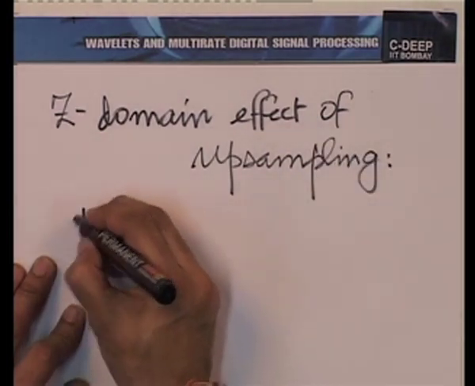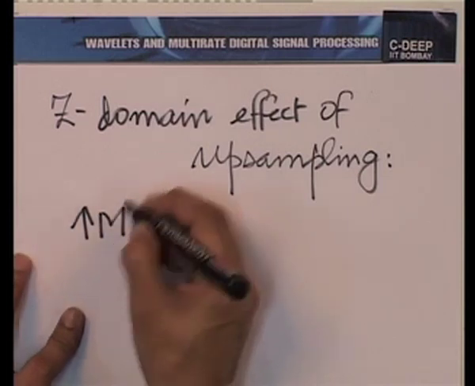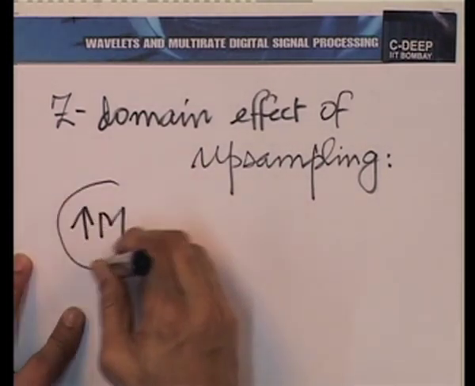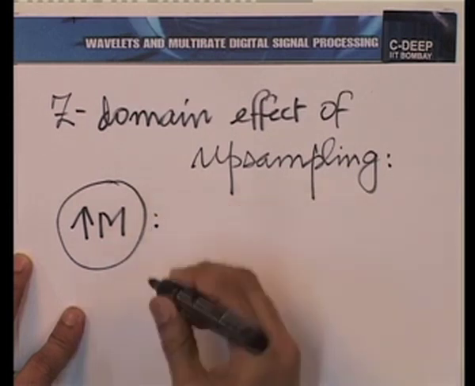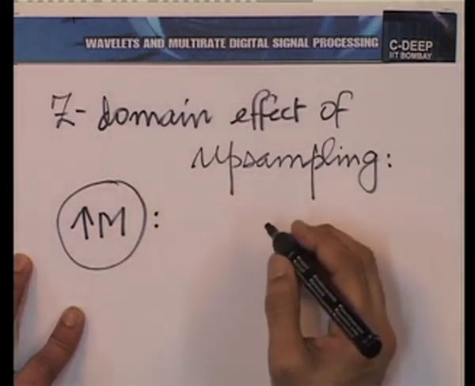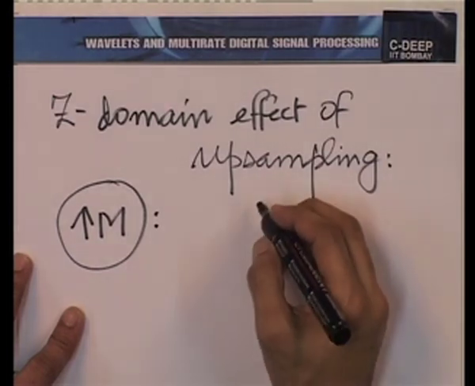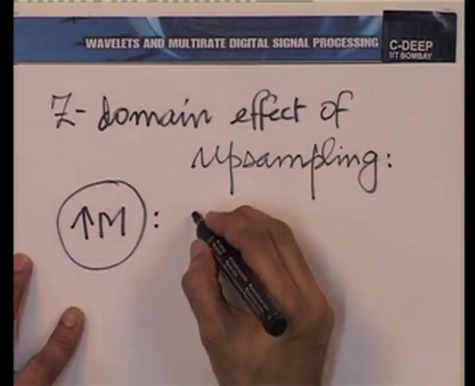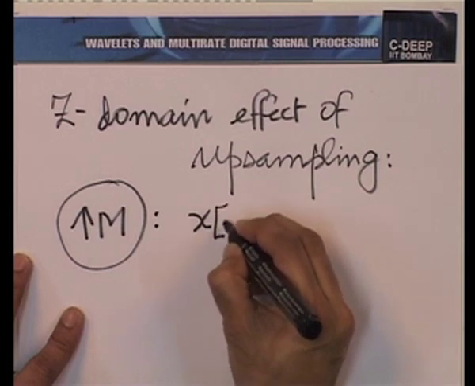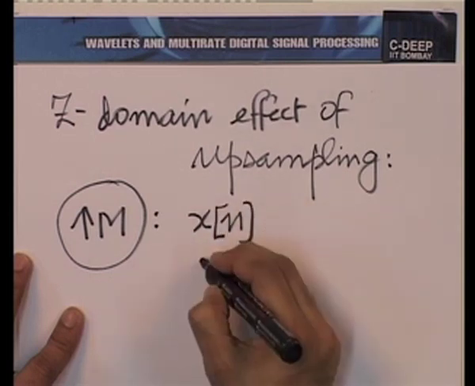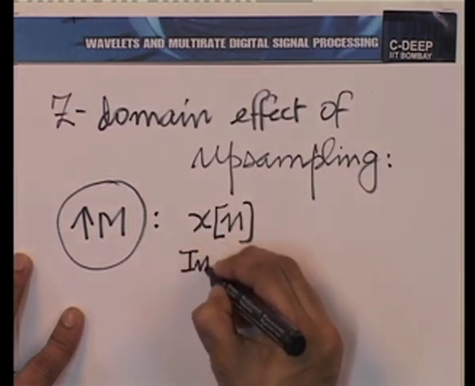Let us consider a general factor of m, upsampling by m most generally. What do we do when we upsample by m? That is easy. You see, the original sequence is x of n. So, this is the input.